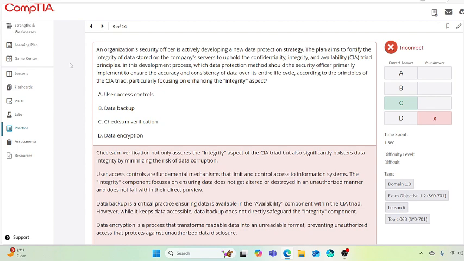Checksum verification. Checksum verification not only assures the integrity aspect of the CIA triad, but also significantly bolsters data integrity by minimizing the risk of data corruption.